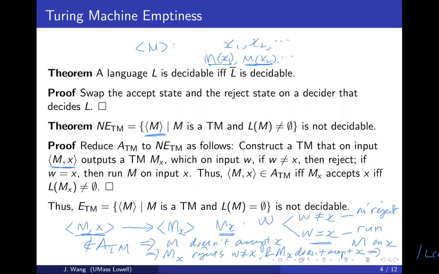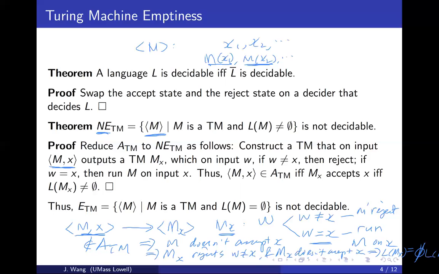So now this implies L of M_X is empty. It's the empty set. So that means that the encoding of M_X is not in NE sub TM. This NE means non-empty.